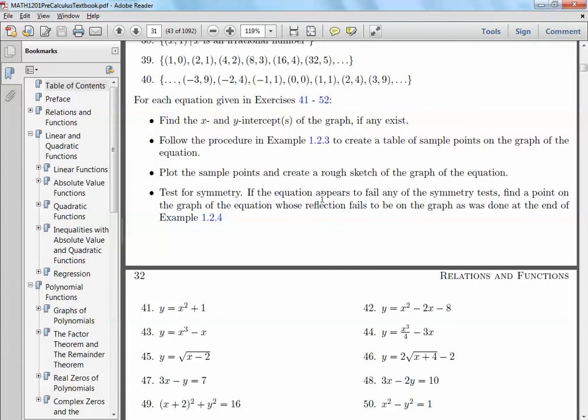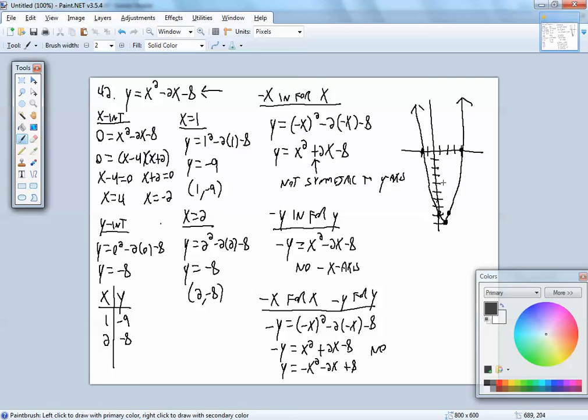I have no clue what they're saying here. Find a point on the graph whose reflection fails to be on the graph as done at the beginning. Oh, I suppose you just pick a point. So like if I chose, for example, this point here, 4, 0.